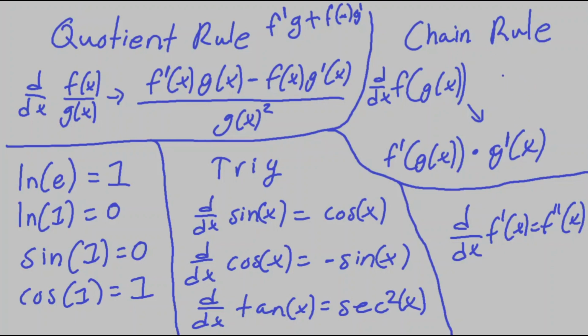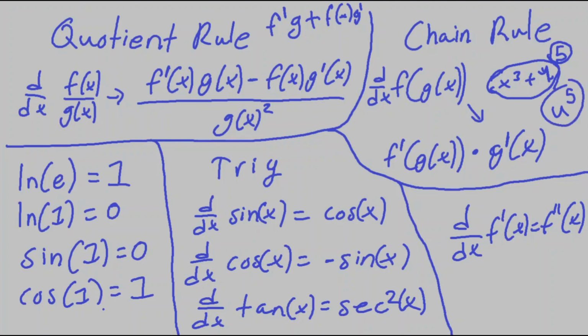So let's say you have x cubed plus 4 to the power of 5. So x cubed plus 4 is going to be your g of x, and then the 5th power is going to be your f. If you replace x cubed plus 4 with a variable, let's say u, it would be u to the 5th. That would be like your f of x.